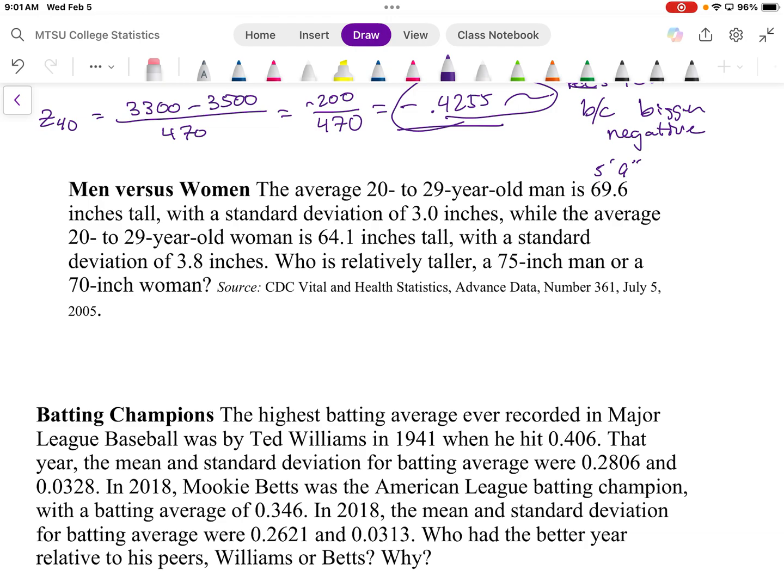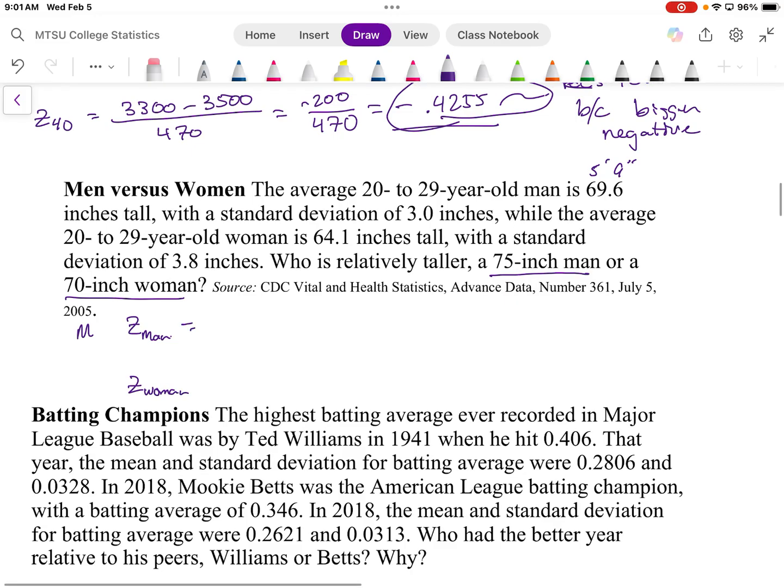So now, who is relatively taller, a 75-inch man or a 70-inch woman? So we want to find the Z-score for the man, and we want to find the Z-score for the woman. All right, 75-inch man. So 75 minus 69.6 over 3.